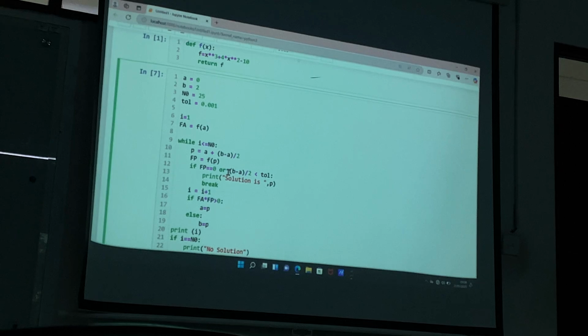Let us check your answer. What is the second function? Exponent of x minus x squared plus 3x minus 2.